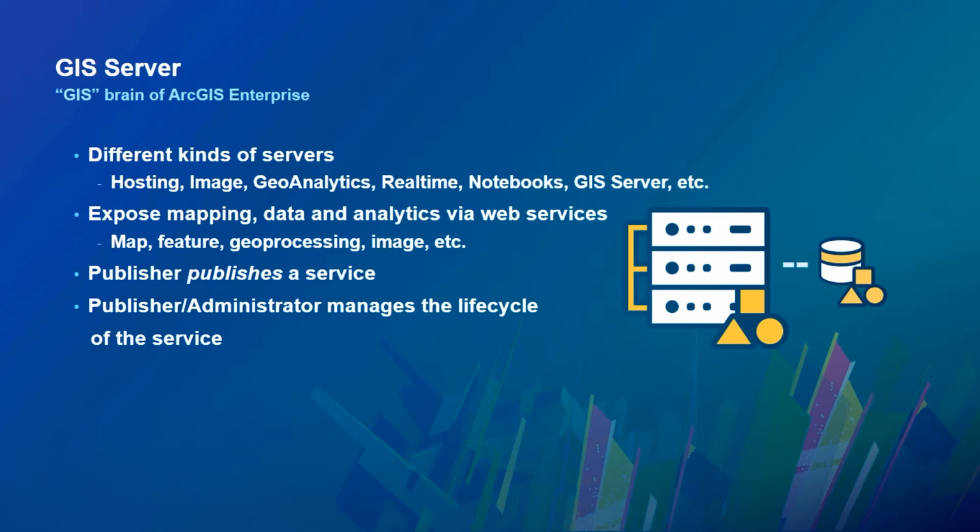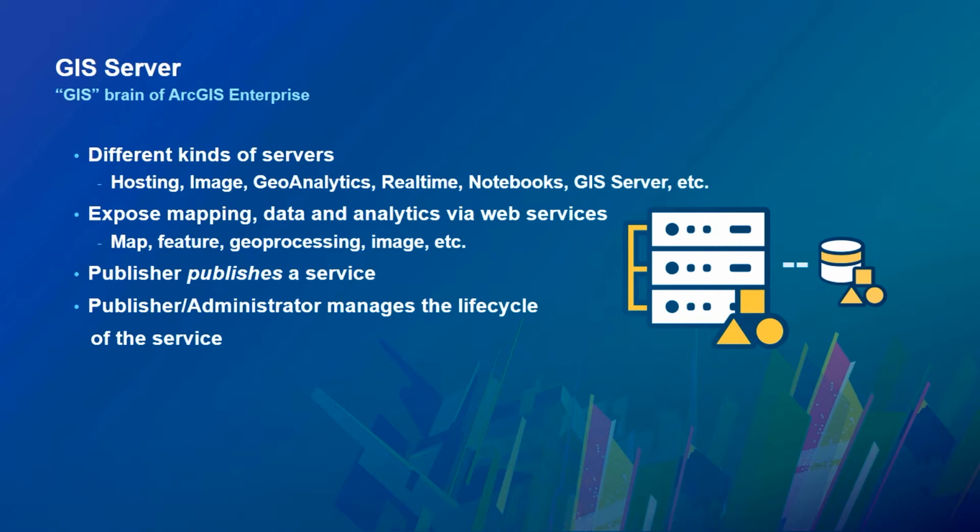So what a server does is basically expose web services. You can have mapping services, raster services, geocode services, geoprocessing services. But at the heart of it, the brain really exposes web services, REST-based callable web services and SOAP callable web services. And as a publisher, what you do is you publish to the server.